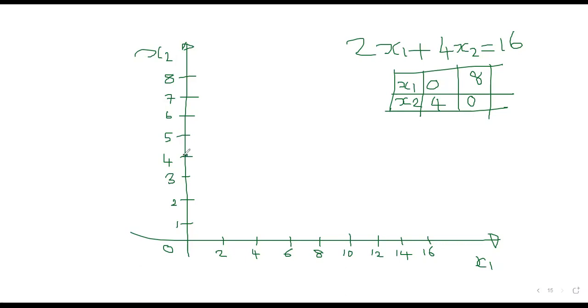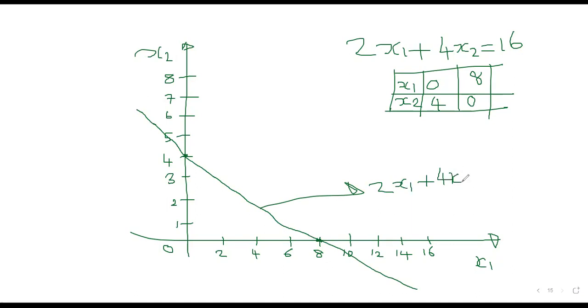So 0,4 is here. 8,0 is at this point. So you can draw a line through these points, and then simply say this is 2x1 plus 4x2 less or equal to 16. So you shade down here.